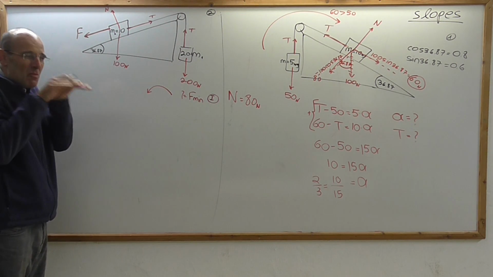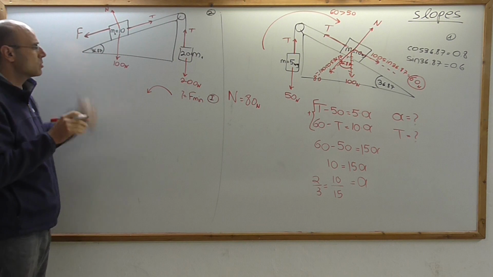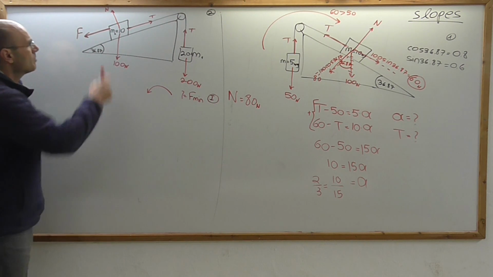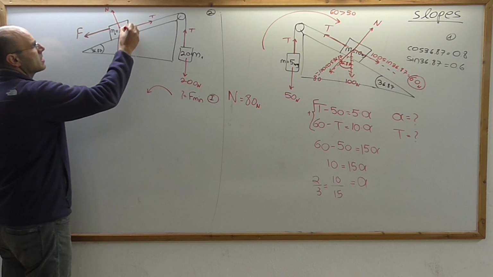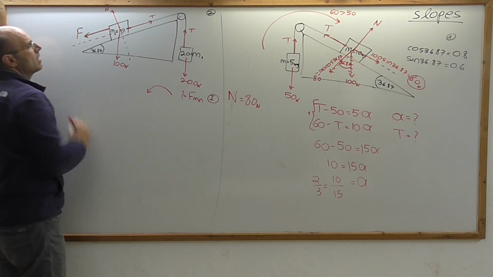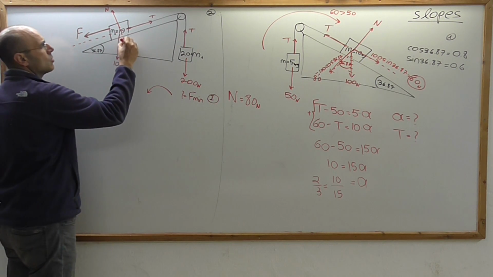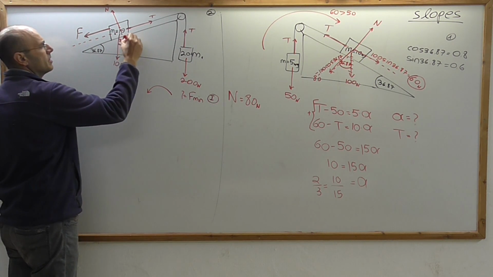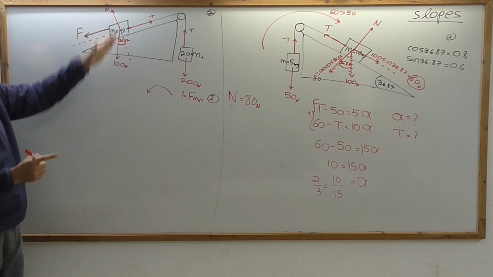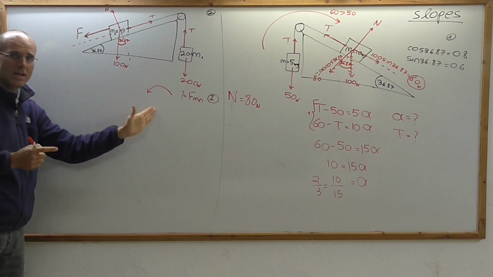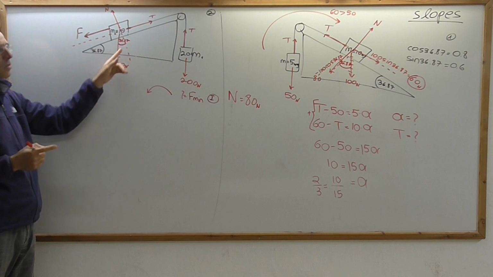But I want the minimum force that makes the system go this way. So first of all, let's draw the x and the y. I must break the 100 into its components. This is also the 36.87 because the angle between the mg and the y is always the angle of the slope.